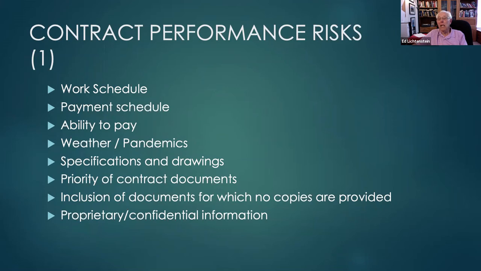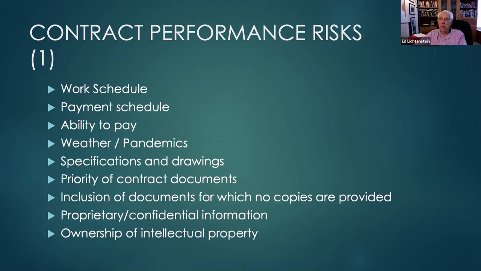On the other hand, you may be receiving proprietary or confidential information, which means you've undertaken an obligation, sometimes fully described in the contract, of what you have to do to protect the other person's proprietary or confidential information. And that can become expensive depending upon what it is and the requirements for protecting it.